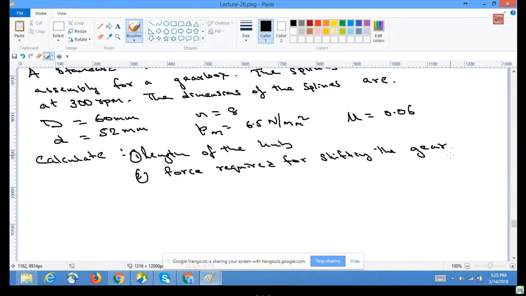So using the splines in the gearbox, we will determine what should be the length of the hub, and also we will calculate the forces that are required in this problem.